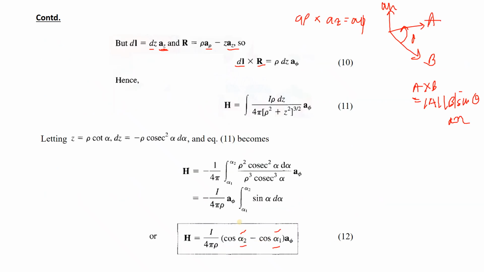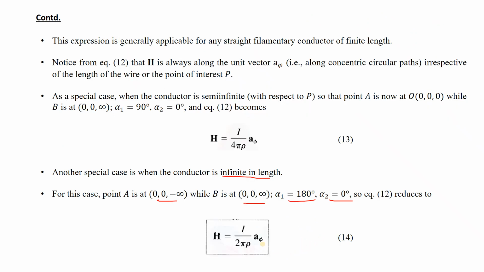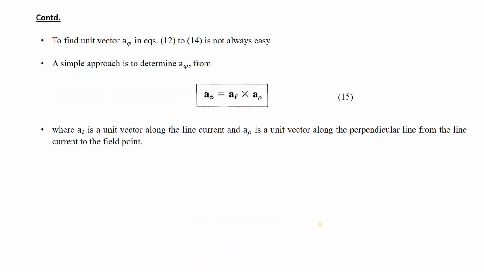So that will result in this value being 1, and this being minus of minus 1. So the result will be 2. This 2 will be cancelled, and then you will get this equation. So this is the case for an infinitely long conductor.